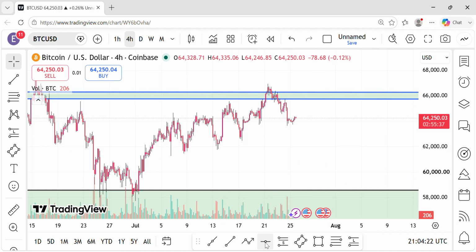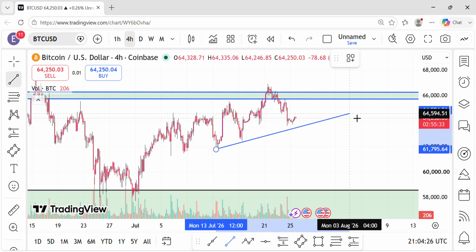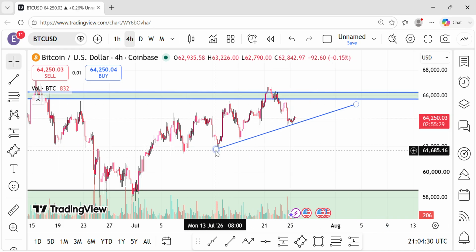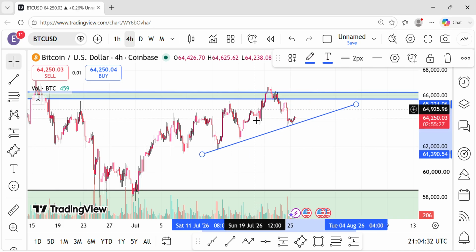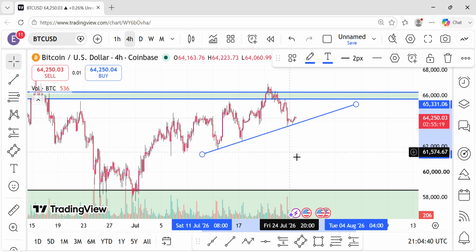And if I drew my trend line from this to this level, you can see that we are still moving in an uptrend, which is a temporal uptrend, right?